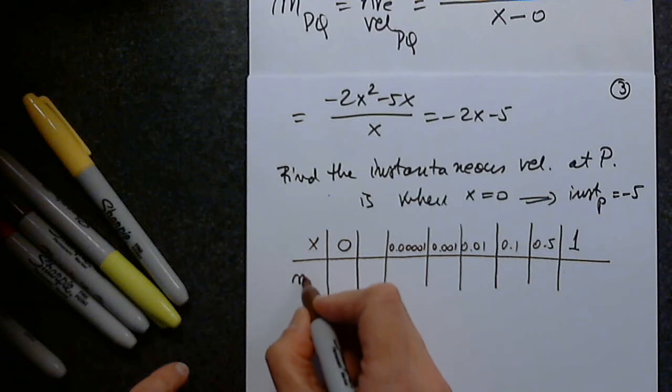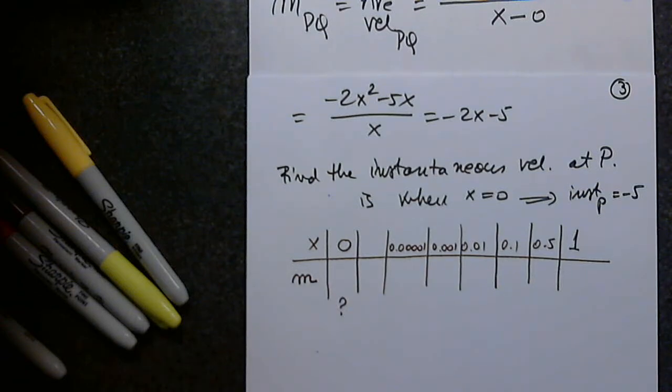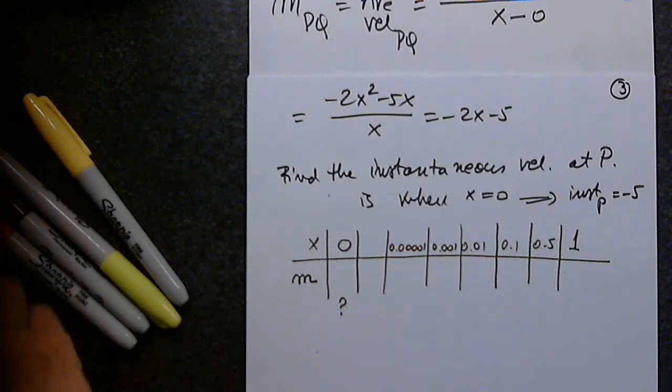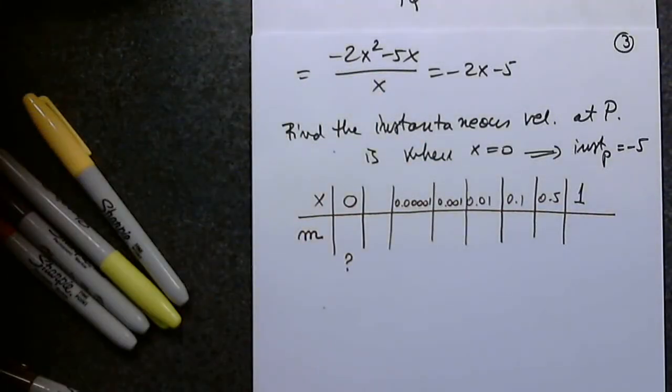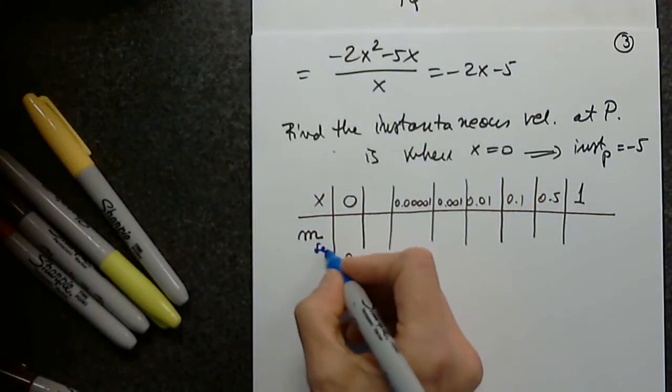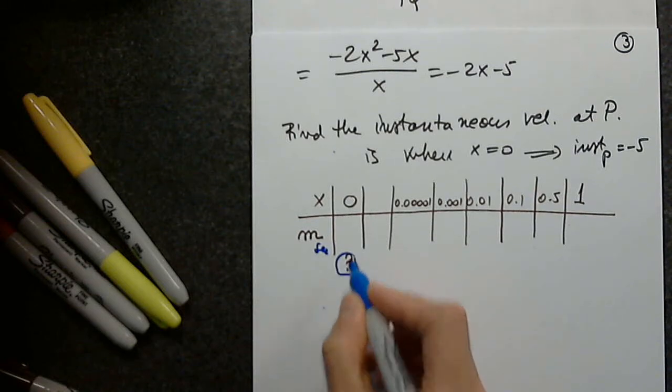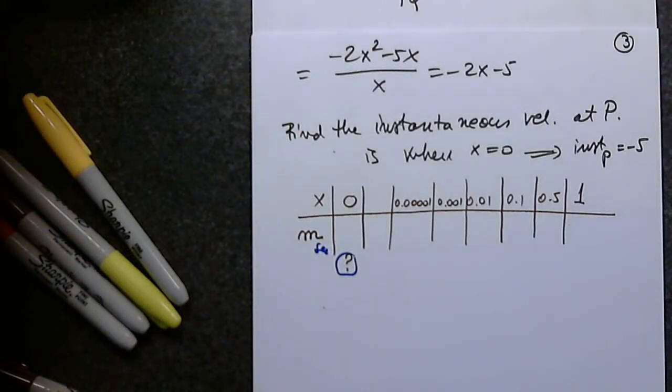And I want this to be the slope. And this, of course, will be the slope of the secant line. And here I'm going to conclude something about the slope of the tangent line.